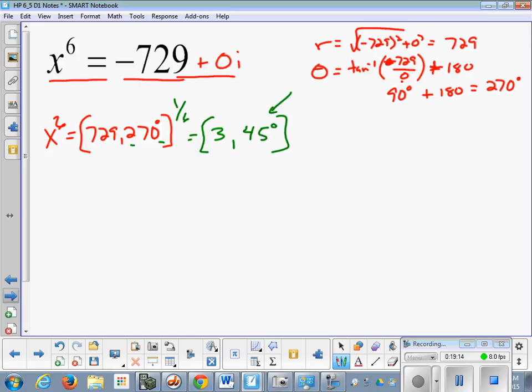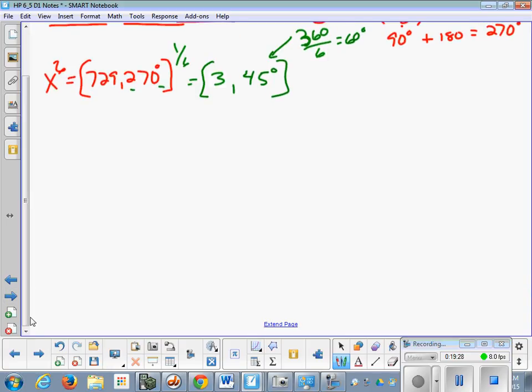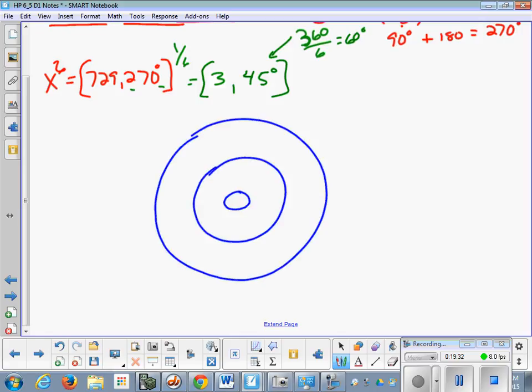And from here, I take 360 and divide by 6. So that tells me all of these are 60 degrees apart, okay? So I'm going to go right to my picture. Okay, 45.